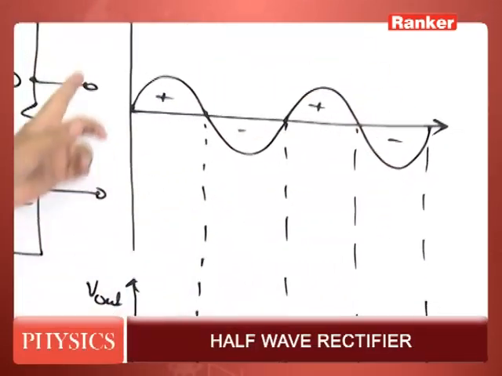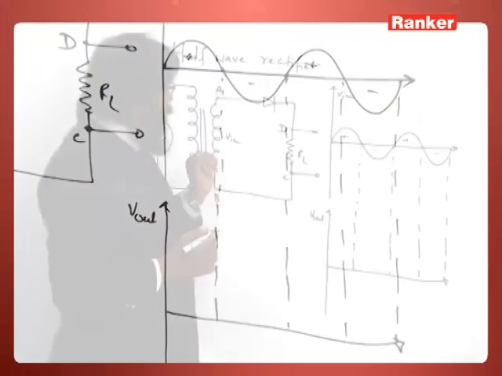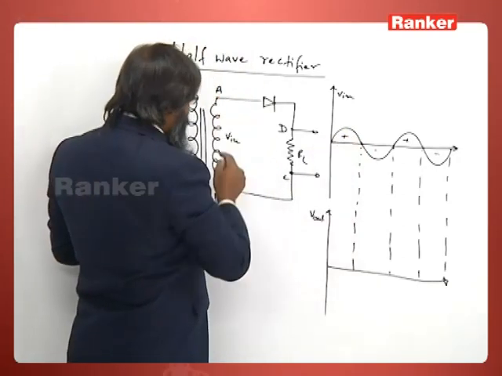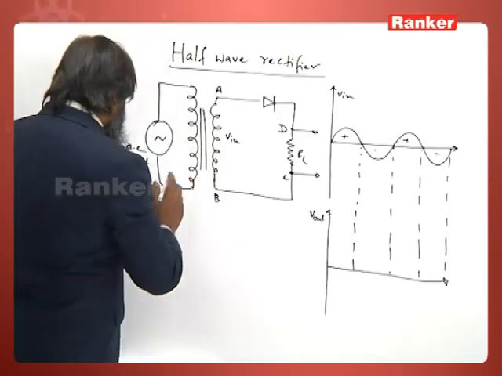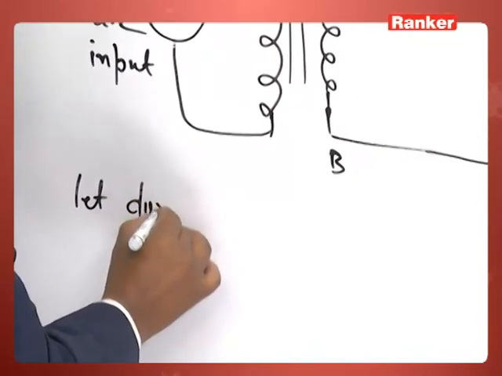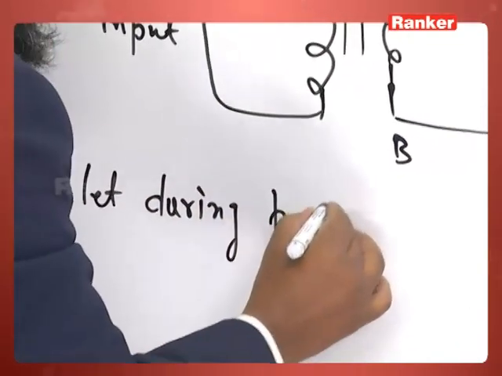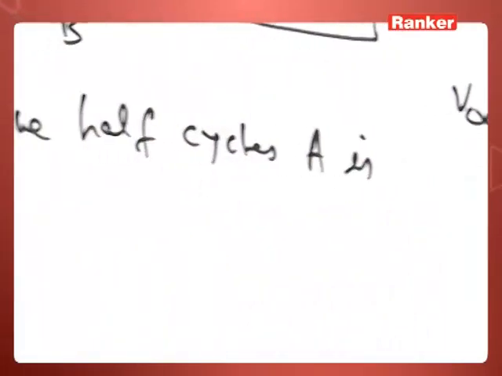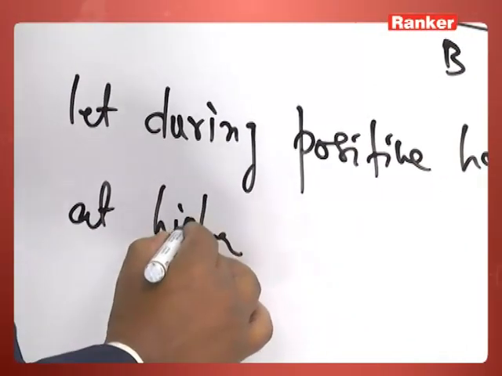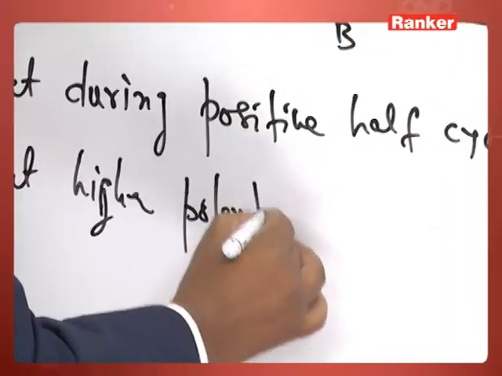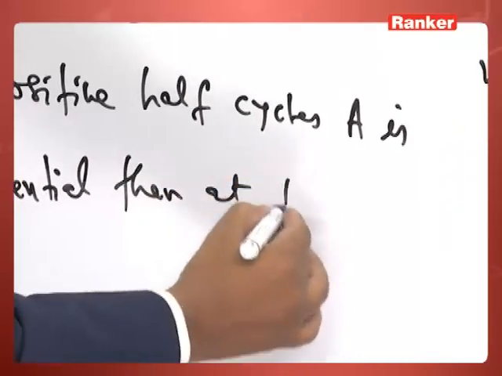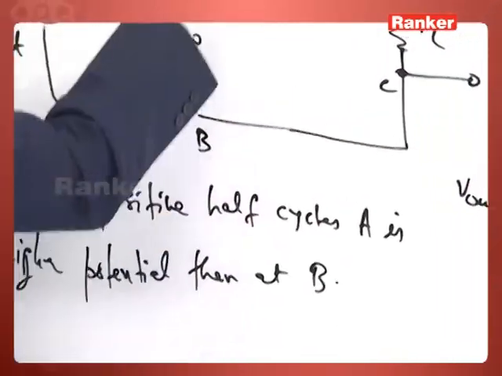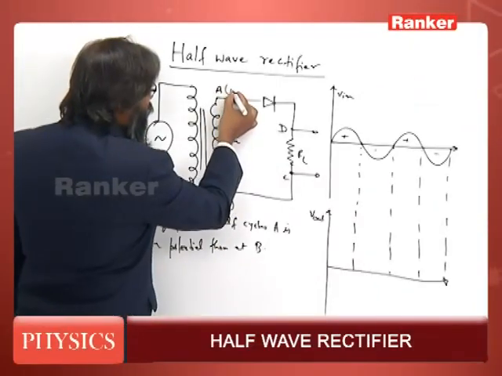Let us assume that during positive half cycles A is at higher potential than B. Just imagine B is at 0 and A is at, suppose, 10 volts.